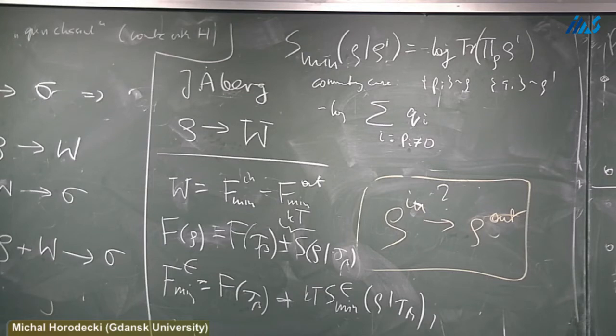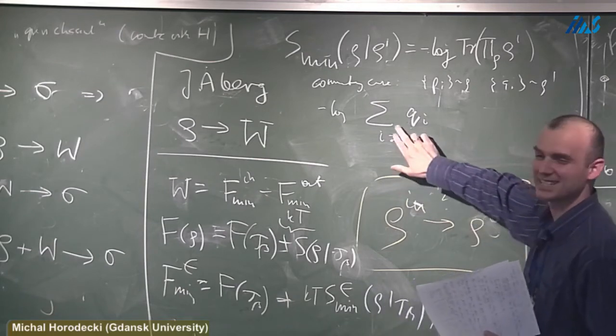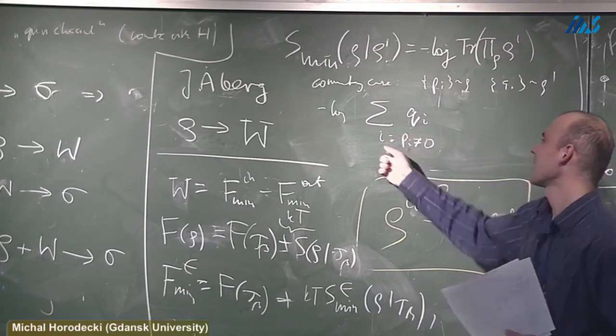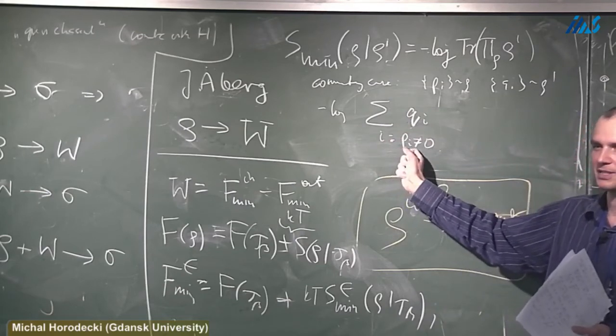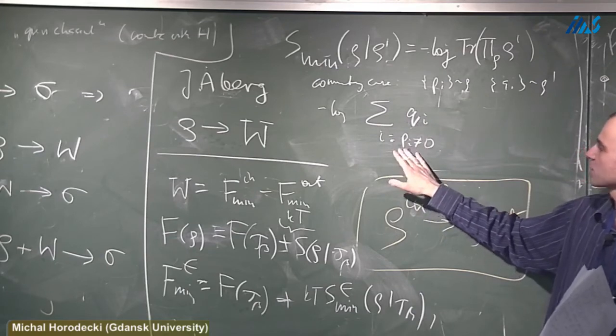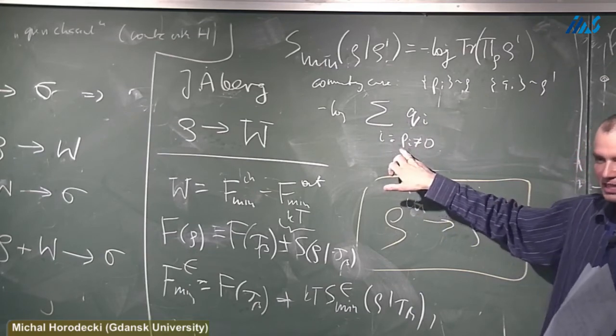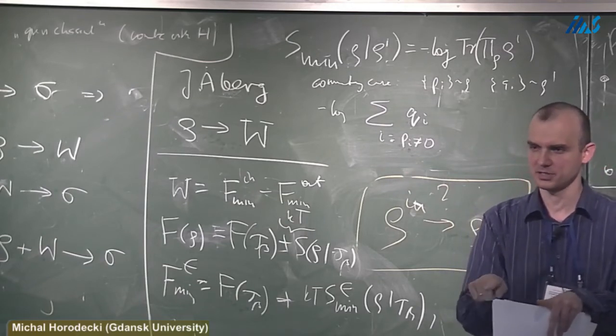So yes. Why does it depend only on the Qi and not on some function of Qi and Pi? Here is this very mild dependence, but also very strong dependence on Pi. It depends in a very crude way on Pi. It only looks whether Pi is zero or non-zero.